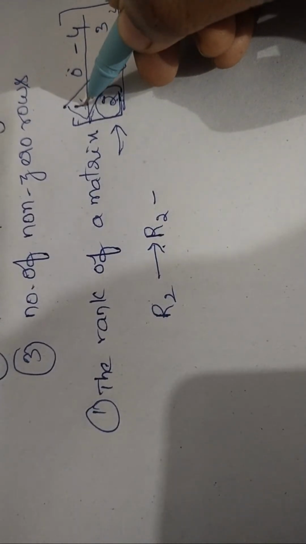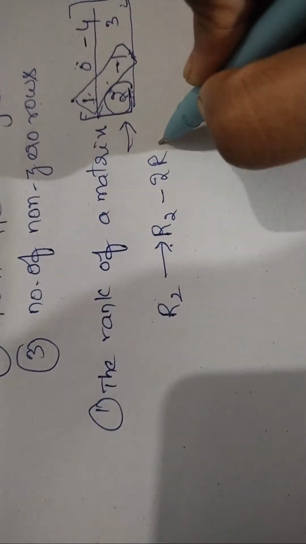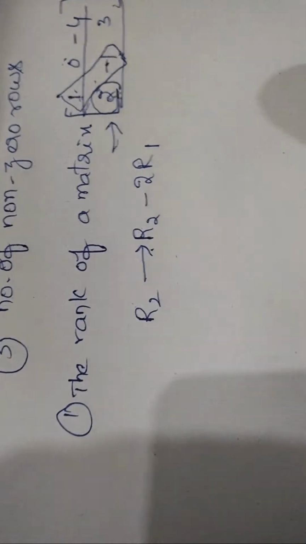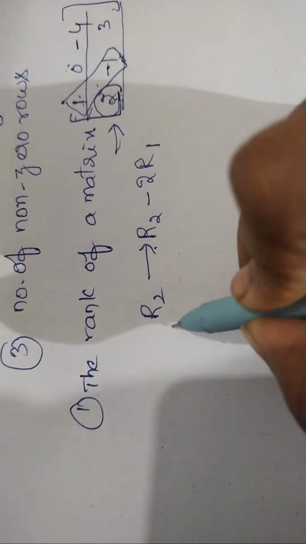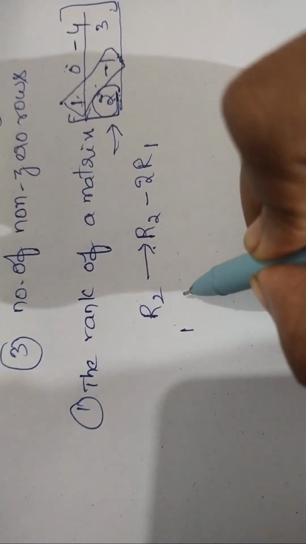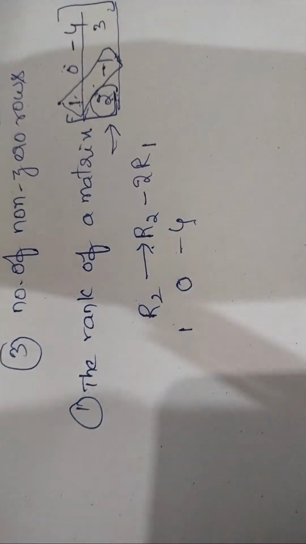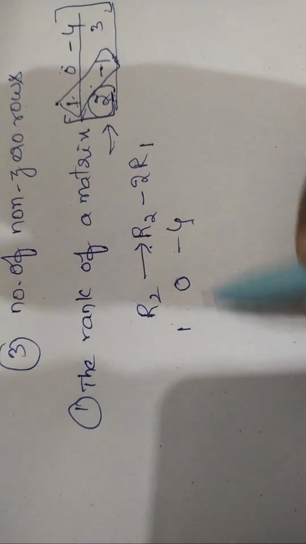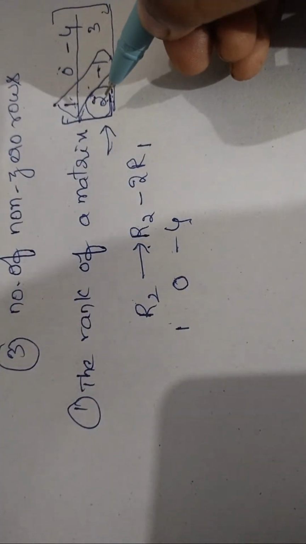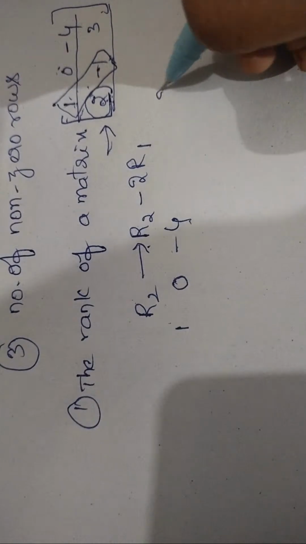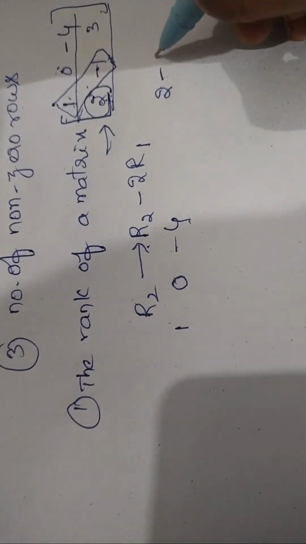But here there is no 2, so I will take 2 times R1. First write R1 as it is, because we cannot perform any operation on R1. Now for R2, I will take R2 minus 2 into R1.